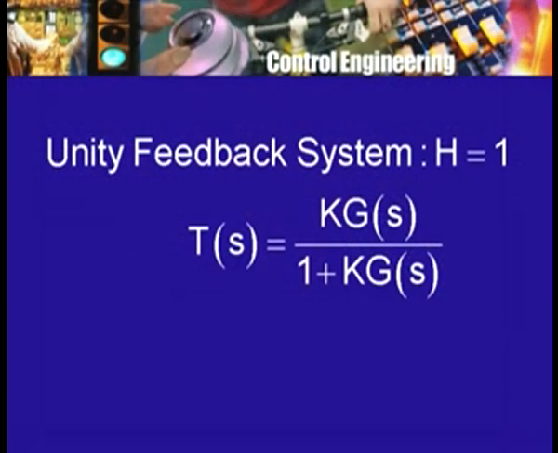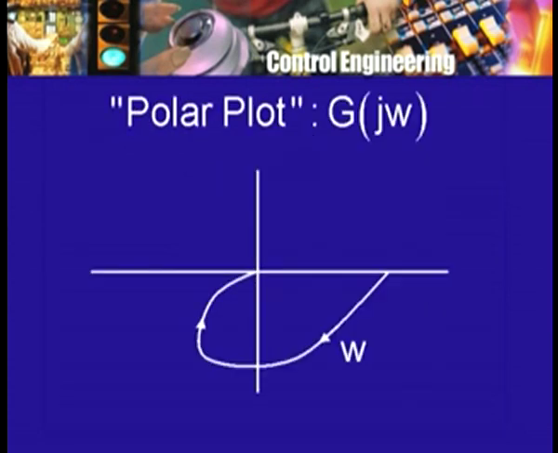It may even be 1, that is what is called a unity feedback system, that is the output is directly compared with the reference input as we saw earlier. So, we will assume that H is simply 1, and therefore, we are looking at a closed loop transfer function which is given by KG divided by 1 plus KG. And what we are now trying to develop or think of is the following.